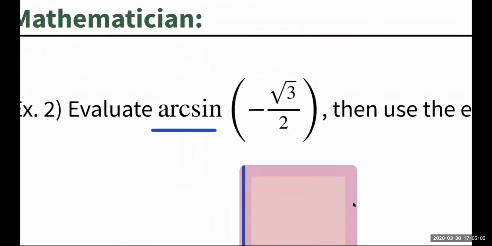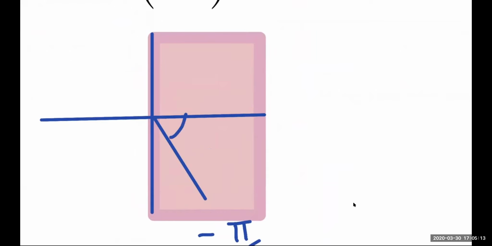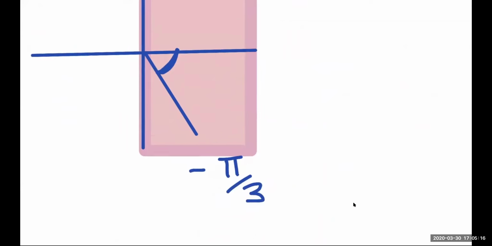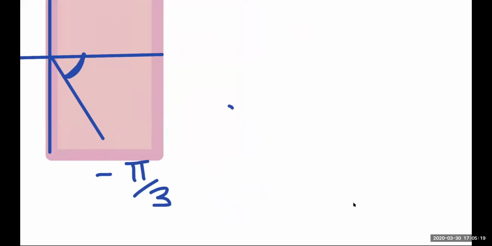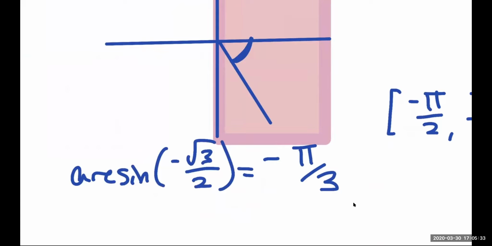Knowing all of my values around the unit circle, I know that what we call the principal value, just meaning the output of an arcsine function, is going to be negative pi over 3, because the reference angle here is pi over 3, and we want the negative angle that is in the range of negative pi over 2 to pi over 2. So arcsine of -√3 over 2 is equal to negative pi over 3.